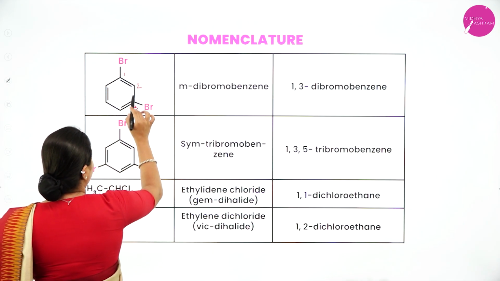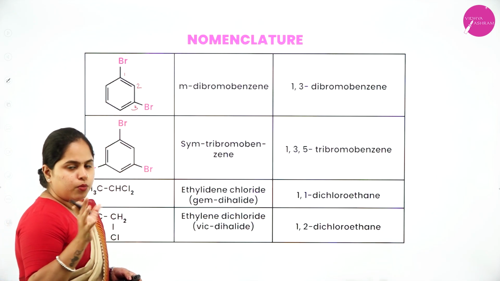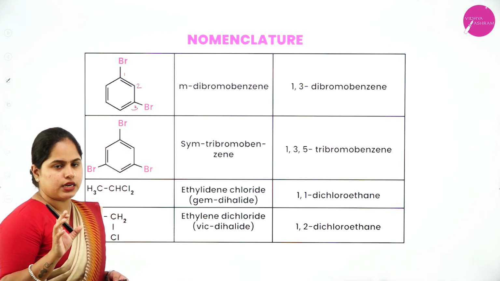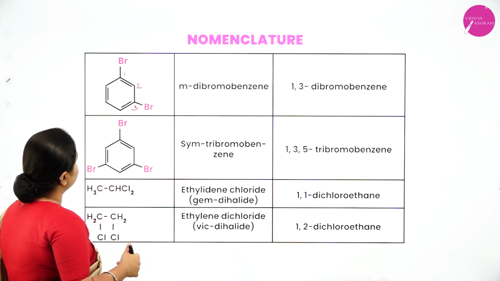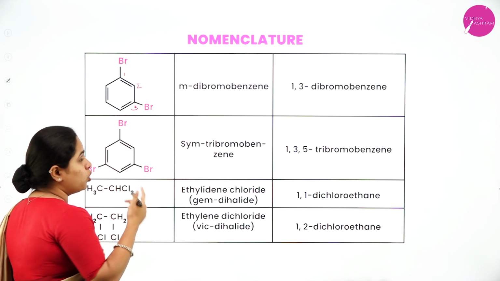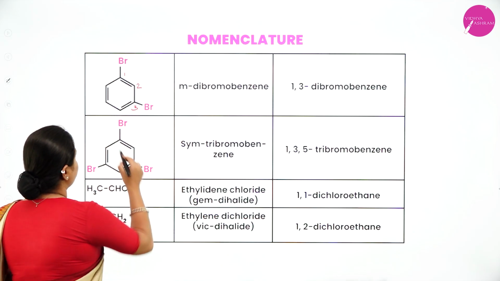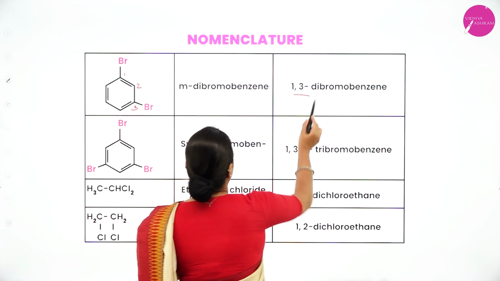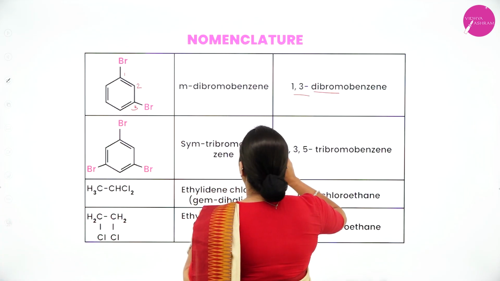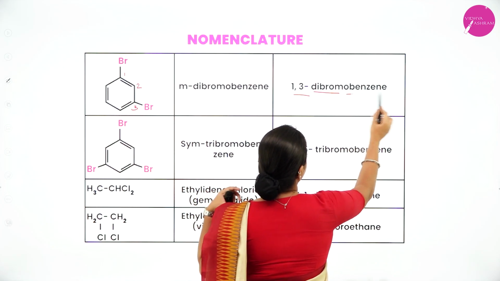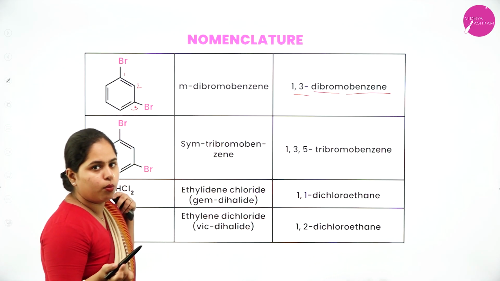Both of the substituents should get the least number. According to IUPAC, how will we number it? On two positions we have bromo, that is first and third. So 1, 3. Two are there, so dibromo, and the principal chain is benzene. So it is 1,3-dibromobenzene.